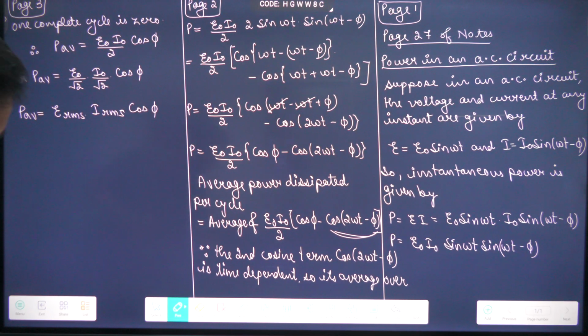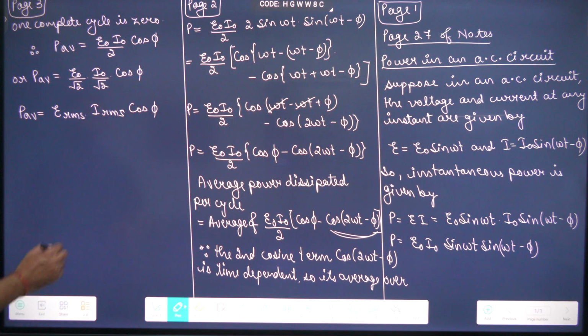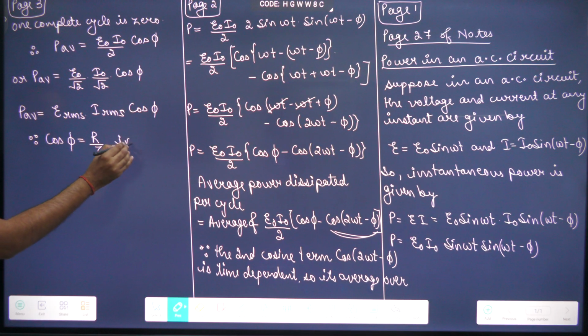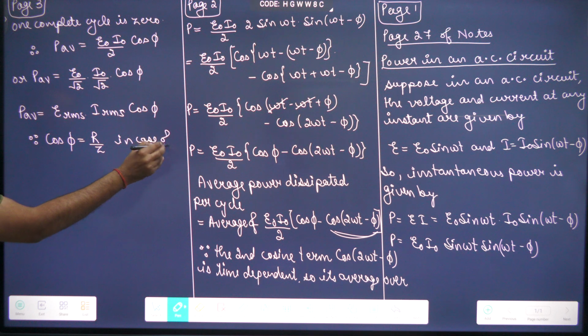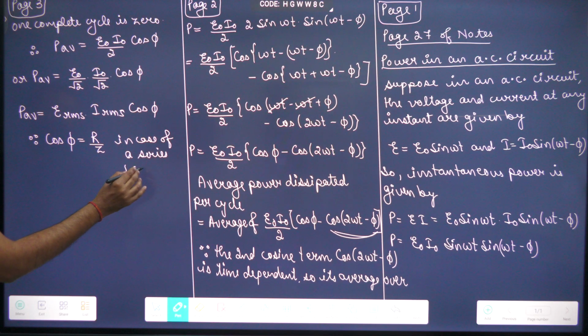Now, we know that cos phi is equal to R upon Z in case of a series LCR circuit.